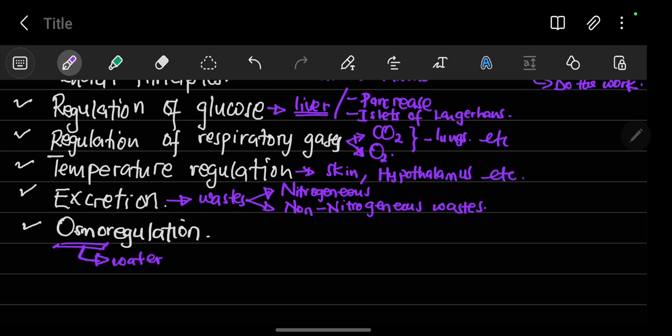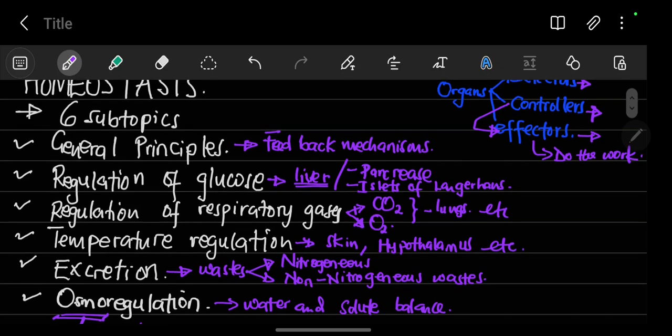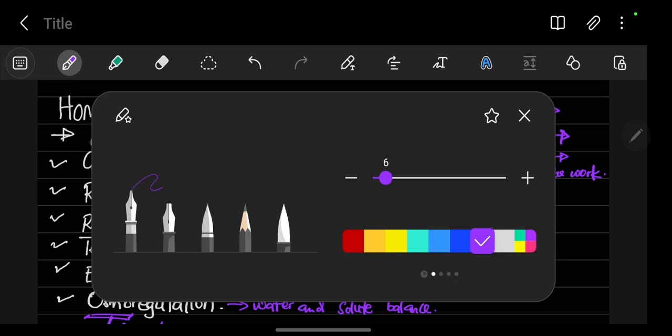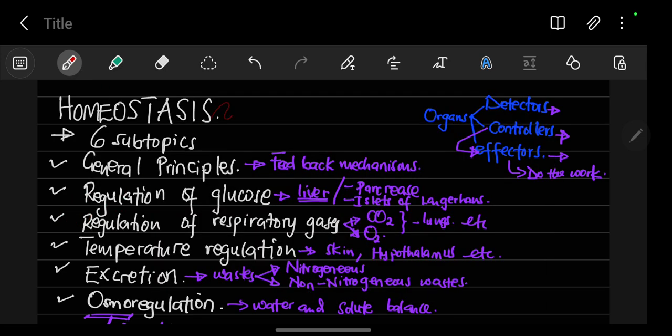So for us, we shall look at water and solute. Let me make it clear a bit. Water and solute balance. So this is what we're going to look at under our topic, homeostasis.